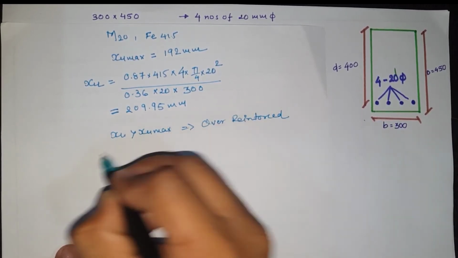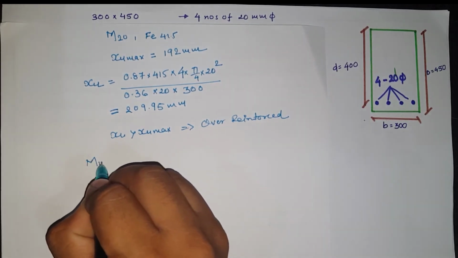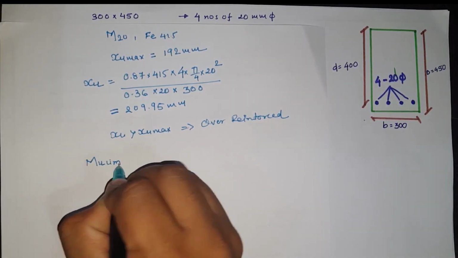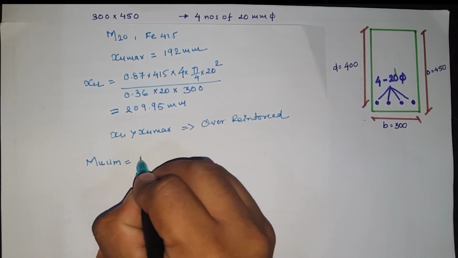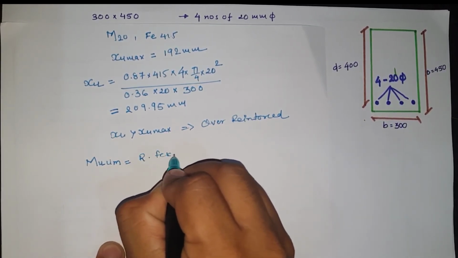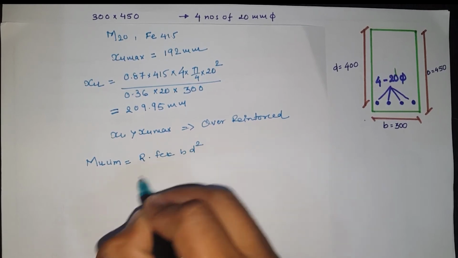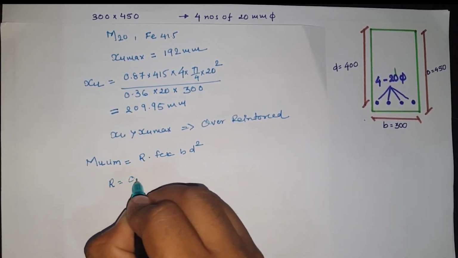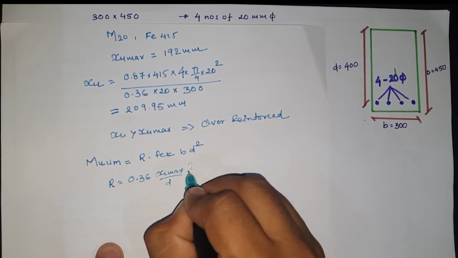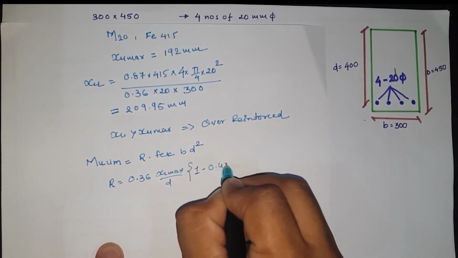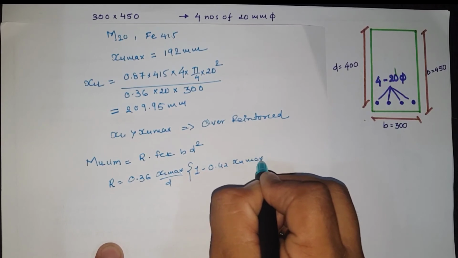Now we have to calculate Mu in terms of Mu limit for the over reinforced section, and the equation is R fck b d square, where R is equal to 0.36 xu max by d, in bracket, 1 minus 0.42 xu max by d.